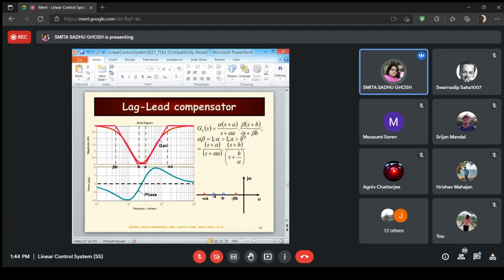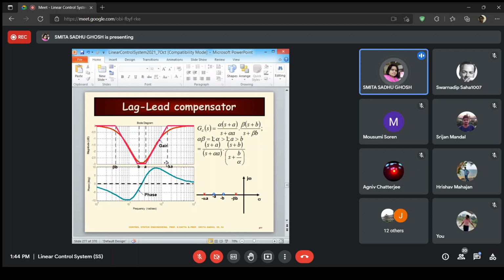One is at beta b, and then the one at b, and then a and alpha a, right? Relative values being like this because a is greater than b, and you have alpha greater than 1, as well as alpha is equal to 1 by beta. So basically, the relative locations of the corner frequencies are going to be exactly in this order.